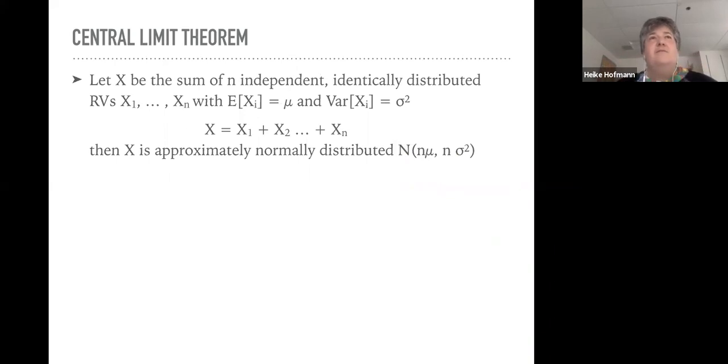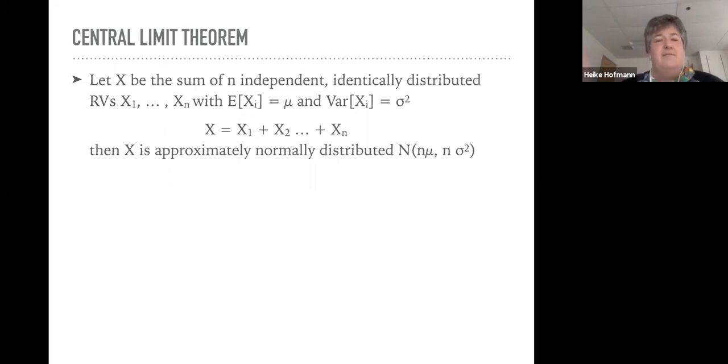And the condition for this really hopefully startling result is that all of these random variables have the same distribution, so they're identically distributed, and they have to be independent. So, having those random variables executed one after the other, we can't have any dependencies between those random variables.